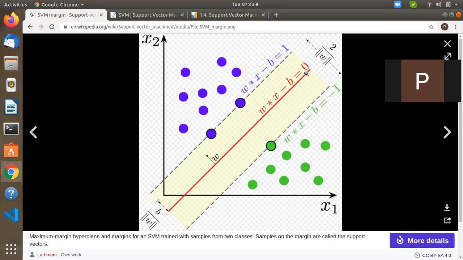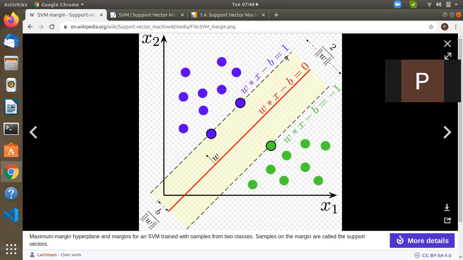After deriving this particular hyperplane, I am also deriving two hyperplanes, this one and this one, which are parallel to each other, in such a way that this plane will pass through some data point, and this one also will pass through some data point. Here our main aim is to maximize this particular margin.